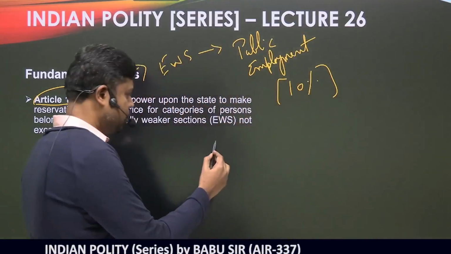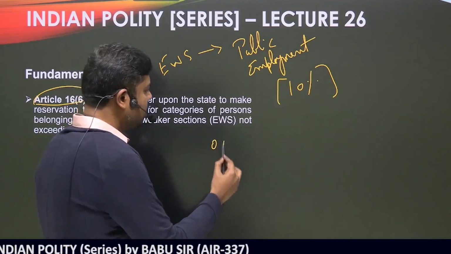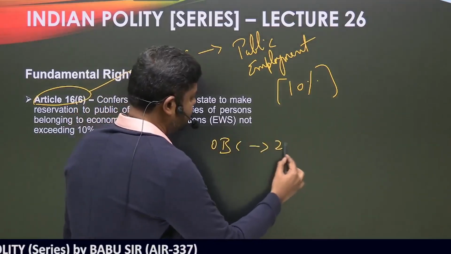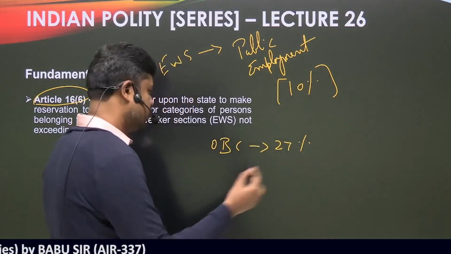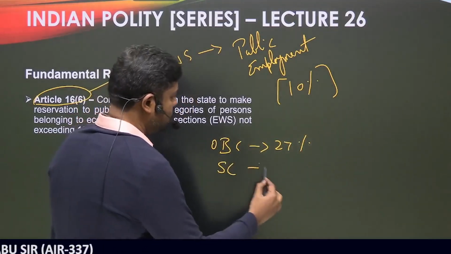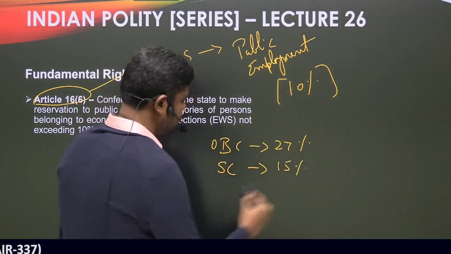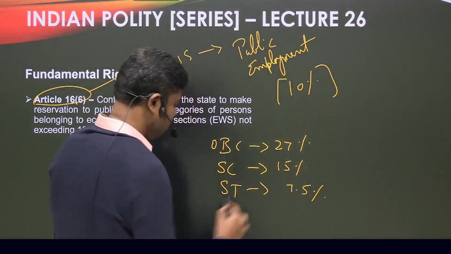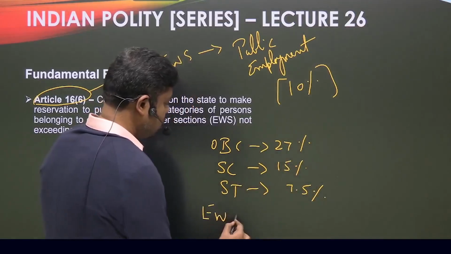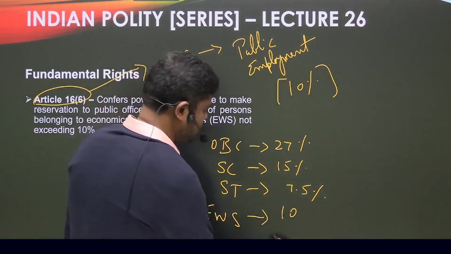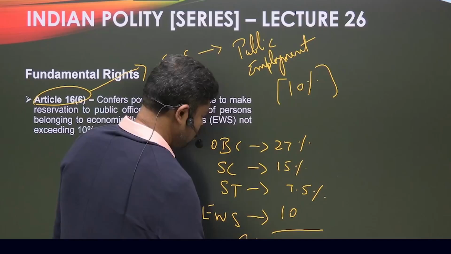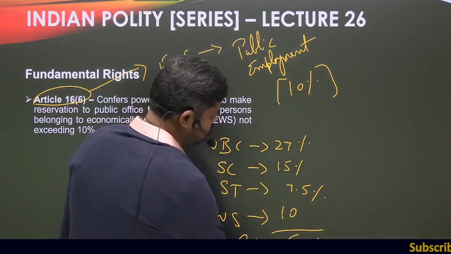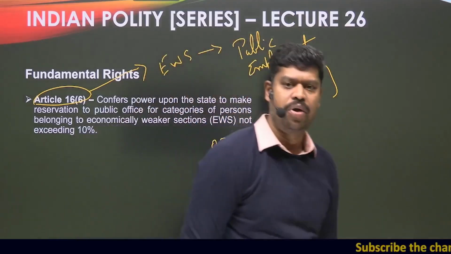Say for example, today if you talk of reservation, for the other backward castes there is 27% reservation in jobs and also in the educational institutions. For the scheduled caste, there is 15% reservation. For the scheduled tribe, there is 7.5% reservation. On top of that, today EWS is also given 10% reservation. So if you add up, roughly it is equivalent to 60%, or to be exact, it is 59.5%.